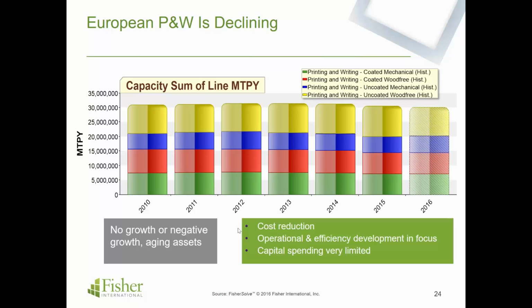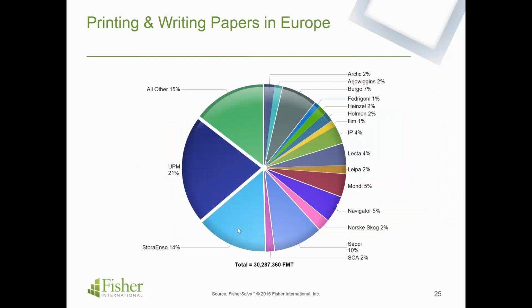I've taken the example of European printing and writing, which is a declining grade, and in this case the main focus is typically cost reduction, operational efficiency and efficiency development, and capital spending is typically limited, and assets will age due to this, because the profit margin in these products doesn't allow investments to be made.